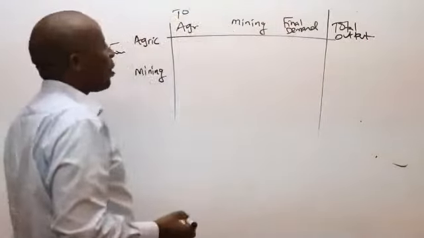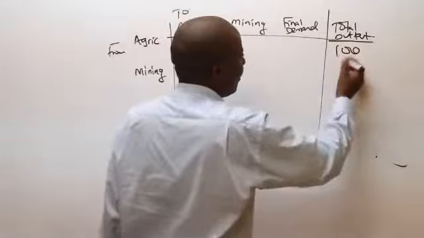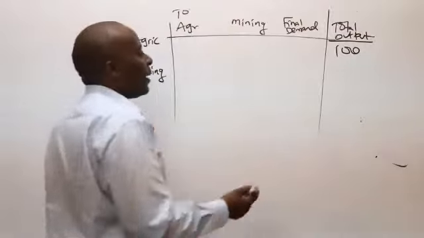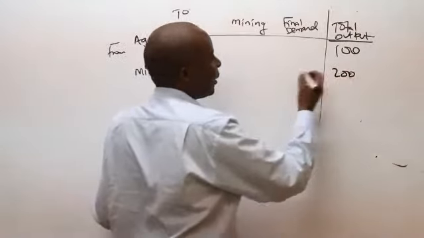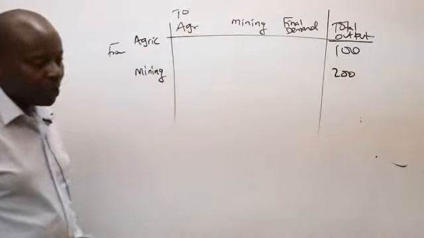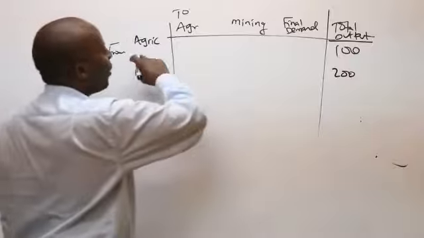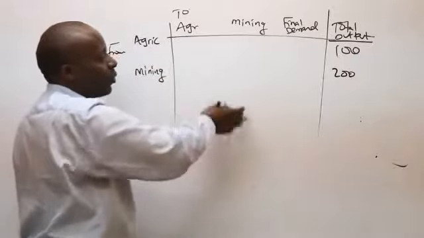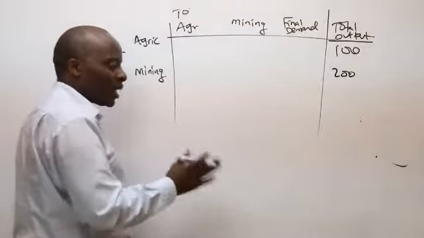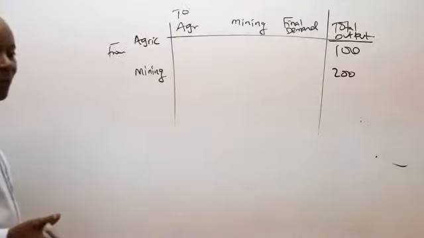It will tell you that in the year, agriculture produced 100 million kilograms, and mining produced 200 kilograms of limestone. Limestone is quite useful. There will be quite a lot of transfers between sectors. That's very normal.